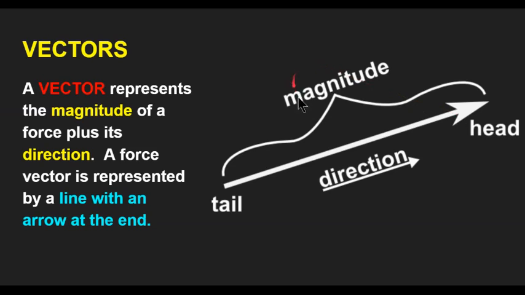The magnitude is the numerical value or quantity plus unit, such as 20 newtons. And the direction is represented along with the magnitude in something called a vector.